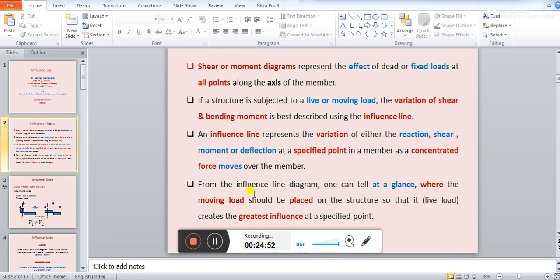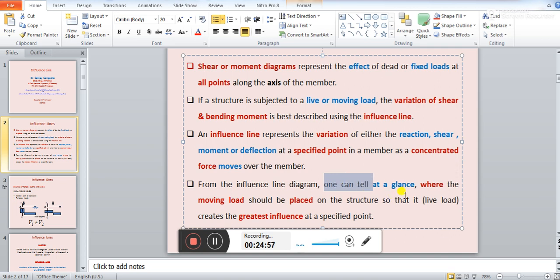From the influence line diagram, one can say at a glance where the moving load should be placed. So the position of the load, where the load should be placed on the structure, so that it creates the greatest influence at a specified point.